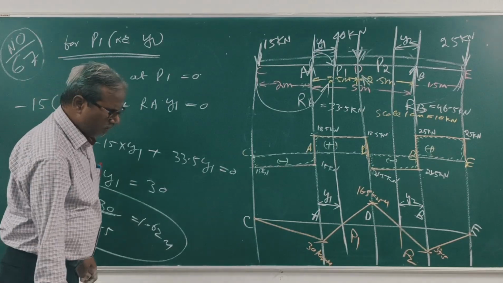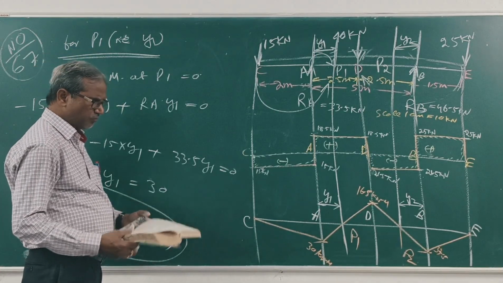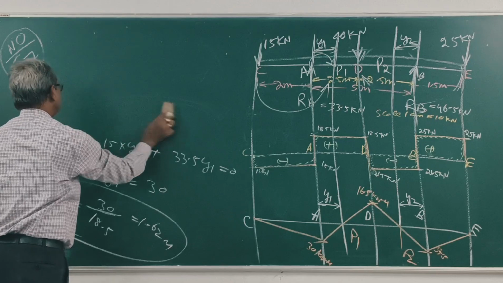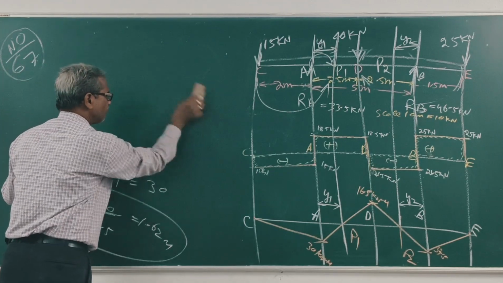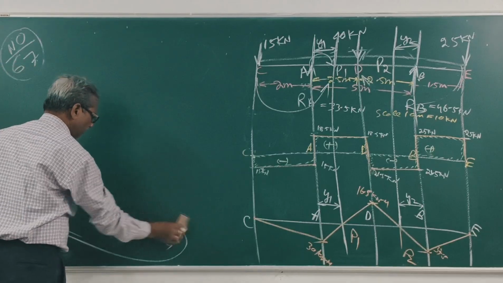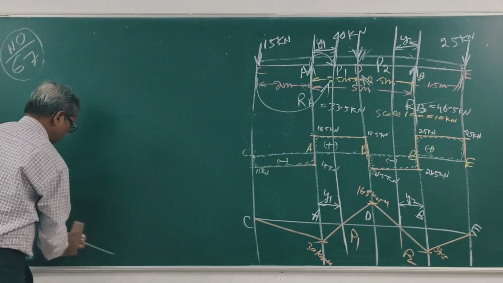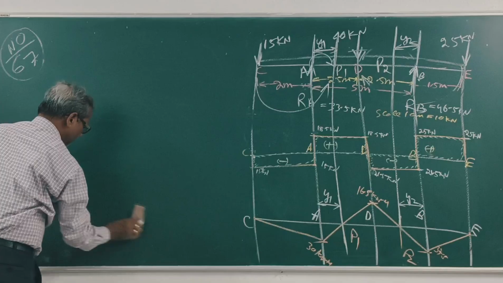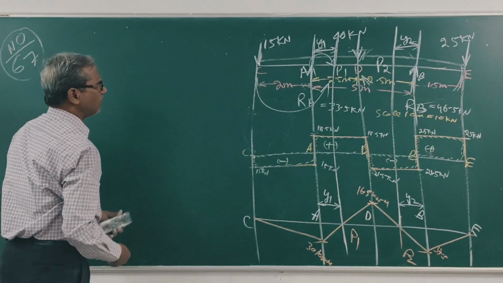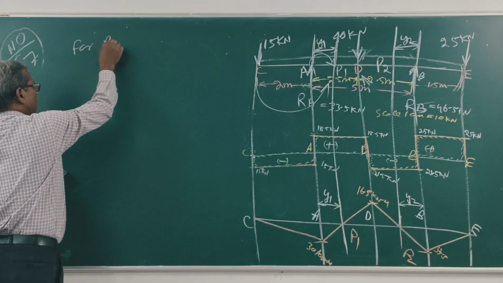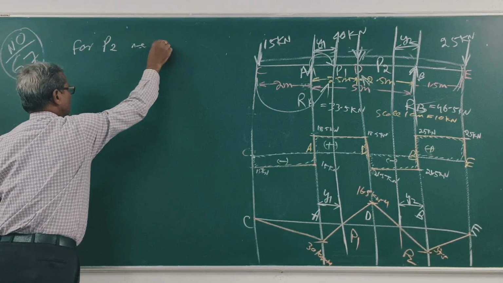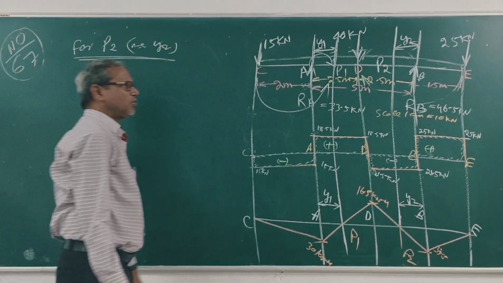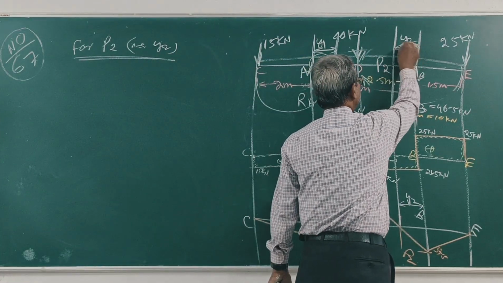Similarly, you find out y2. Clear? For P2, that is y2. So BM at P2 is equal to 0.